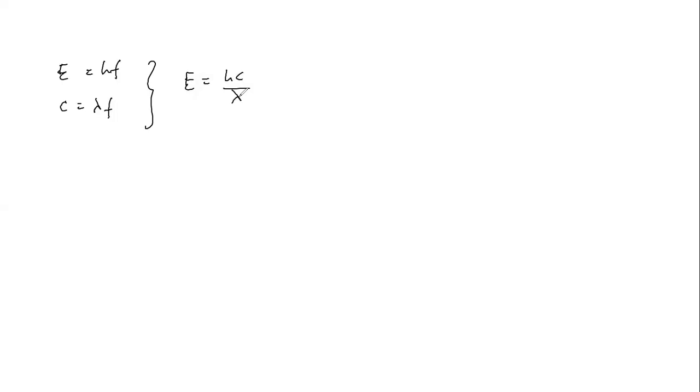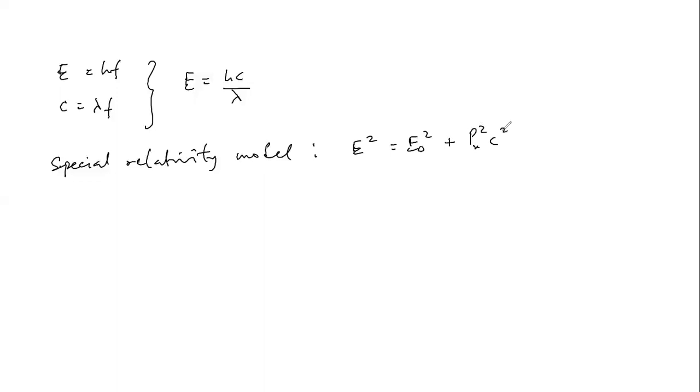Now, if we recall the special relativity model, it states that E squared is equal to E naught squared plus Px squared C squared, where E naught is M naught C squared.